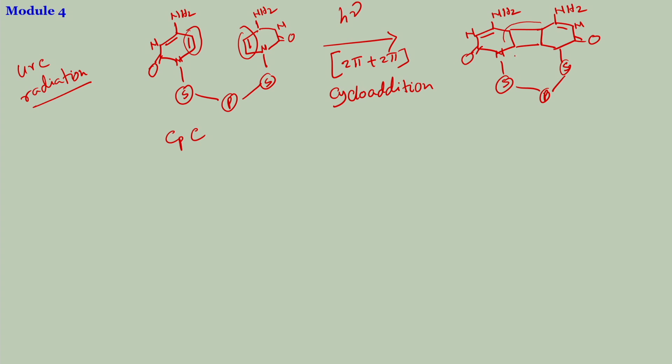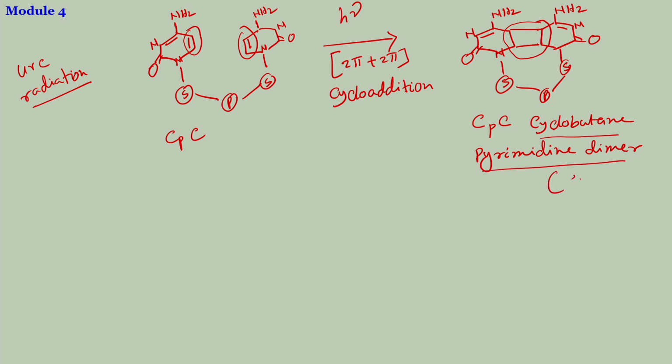This is the cyclobutane ring that is formed because of reaction of two double bonds, and we call it cytosine cyclobutane pyrimidine dimer. Cyclobutane pyrimidine dimer, in short we usually write as CPD.